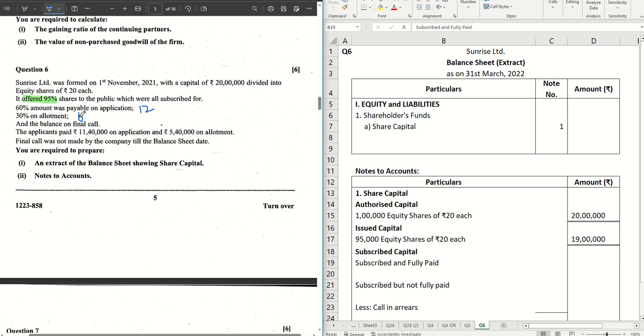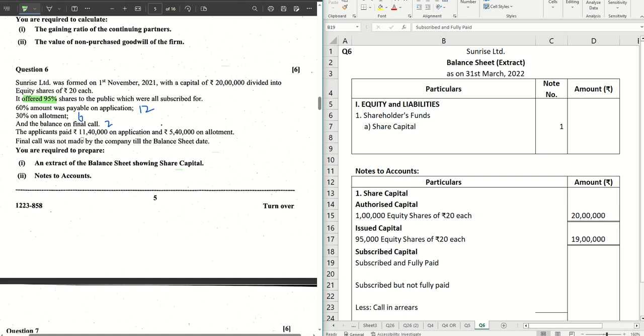And the balance on final call, which is the remaining 2 rupees. Now let's see what we have here. The applicants paid rupees 11 lakh 40,000 on application and 5 lakh 40,000 on allotment. The final call was not made by the company till the balance sheet date.